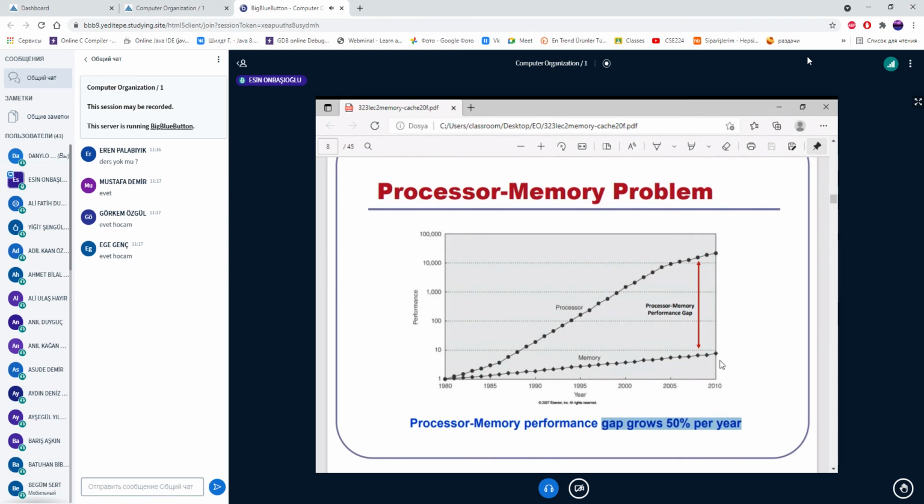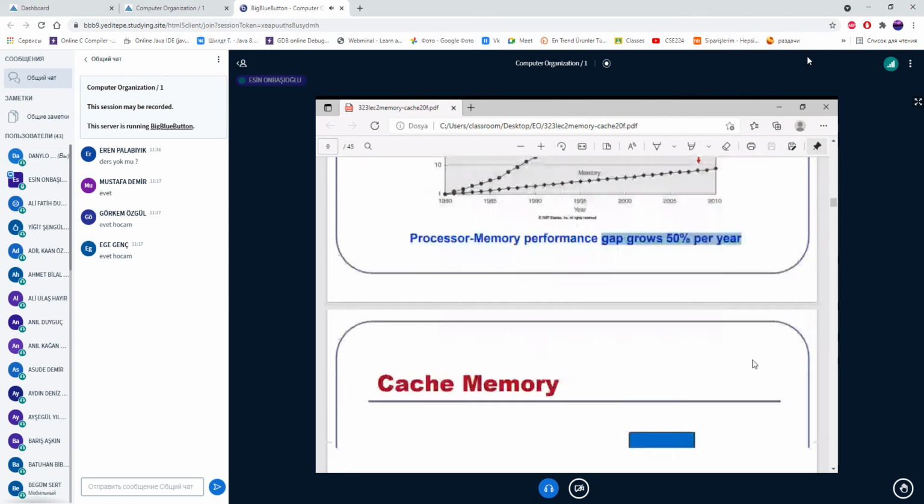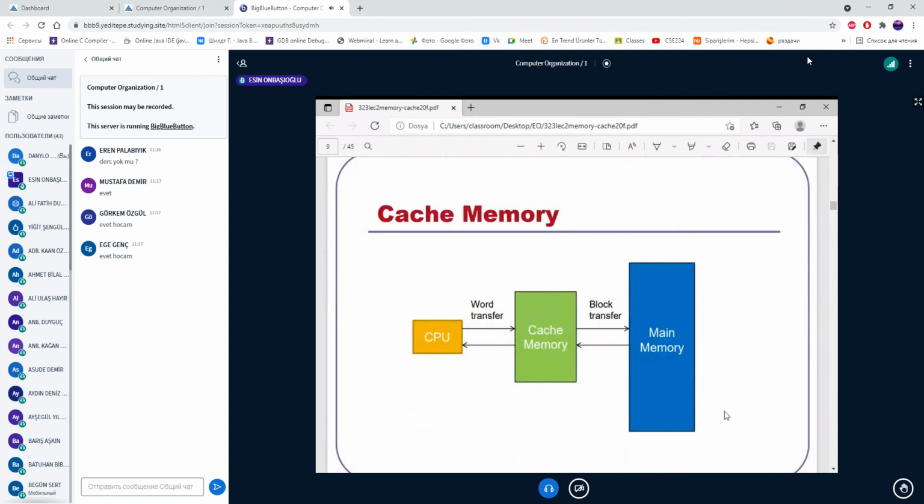By hardware, we cannot increase the memory performance beyond this line. But we can add some more units to increase the performance of memory access. That is the cache memory, actually.